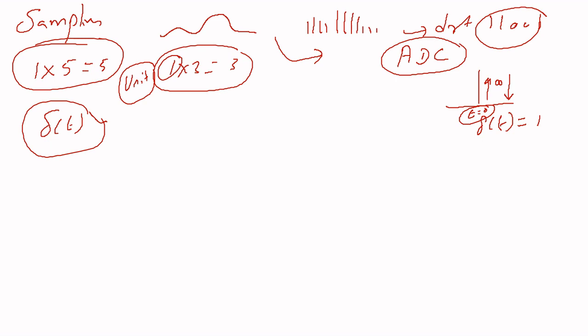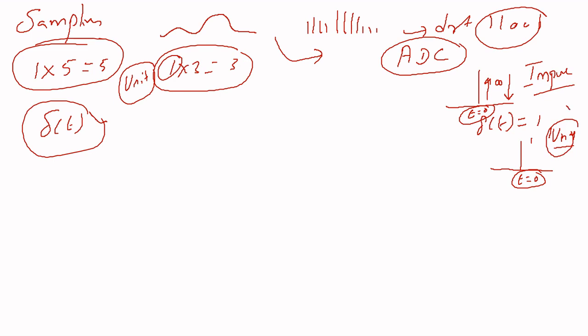The unit impulse reaches the amplitude 1 and comes back at the same instant, t equal to 0. So you should know the difference between the impulse function and the unit impulse function.